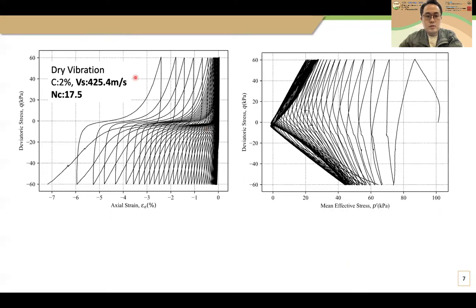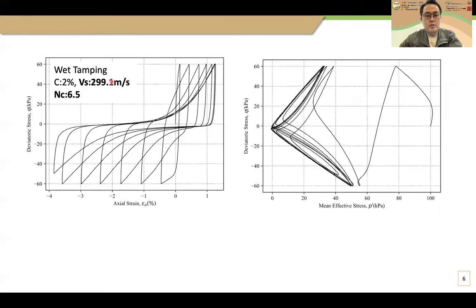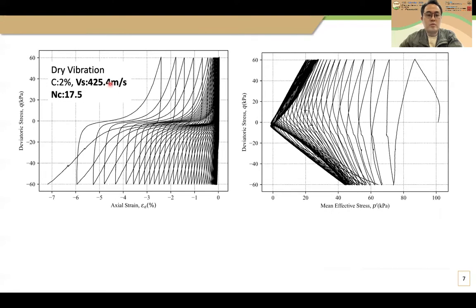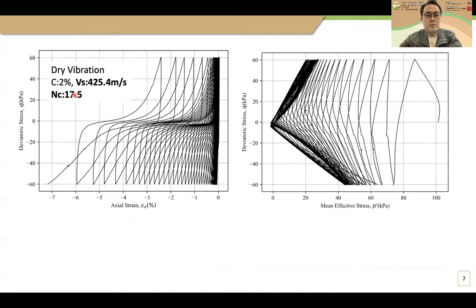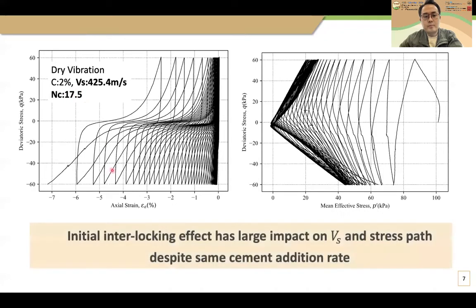As you can see, on the left uppermost, the shear wave velocity increases from 300 to 420, and the number of cycles also increases from 6.5 to 17.5. So based on those results, we can say that the initial interlocking effect has a large impact on the shear wave velocity and stress strain behavior despite the same cement addition rate.